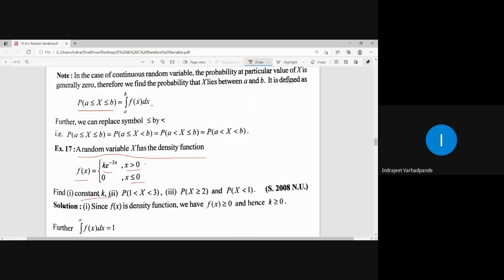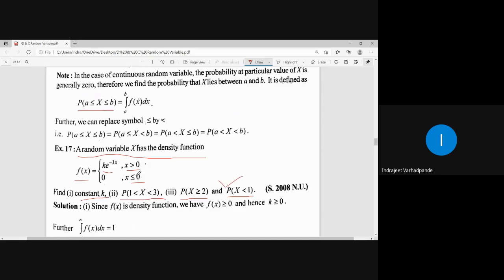Find constant k, find the probability for 1 less than x less than 3, find the probability for x greater than or equal to 2, find the probability for x less than 1. These are the various probabilities to be calculated.